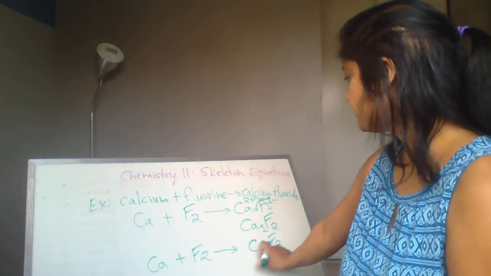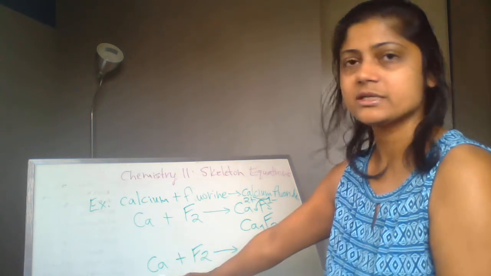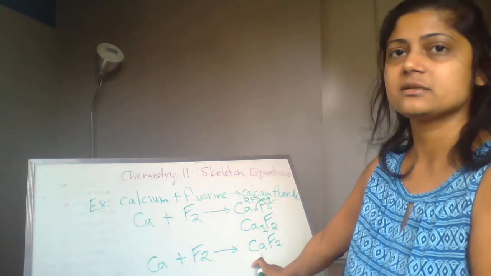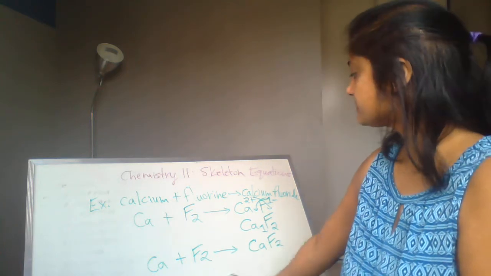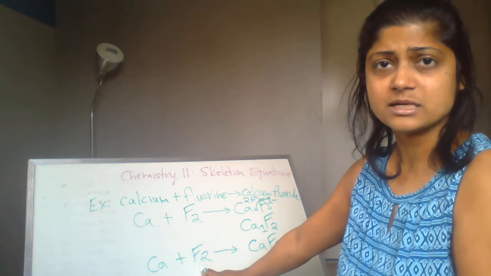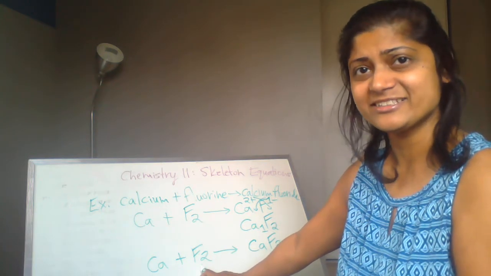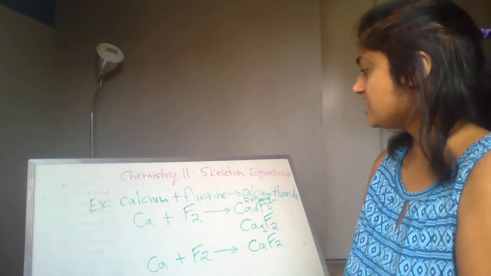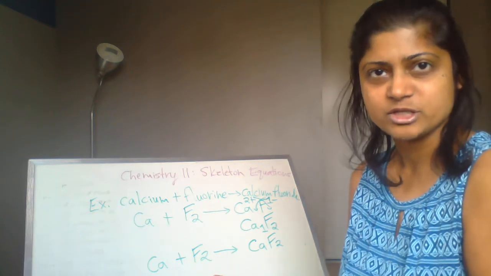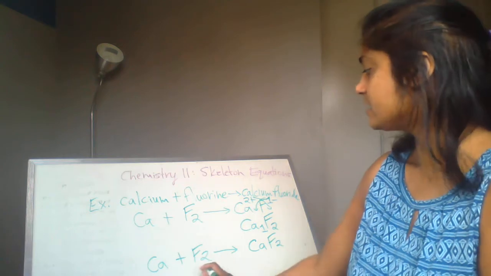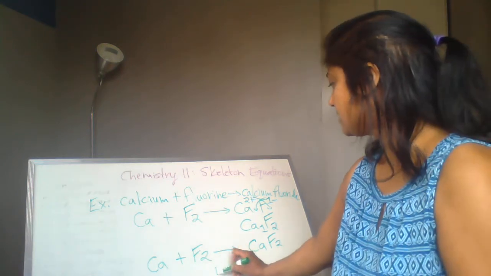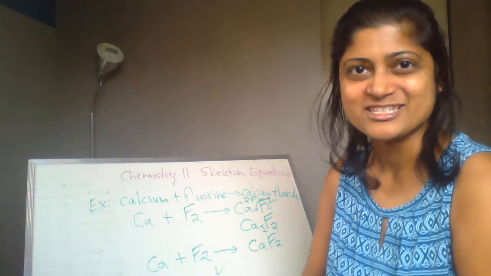I can see that there is one calcium atom on the reactant side and one calcium atom on the product side. For fluorine, there are 2 atoms on the reactant side, and on the product side I also have 2 fluorines. So this is actually the balanced equation. I don't need to add any numbers in front of the elements or the compounds, and that's going to be my final answer.